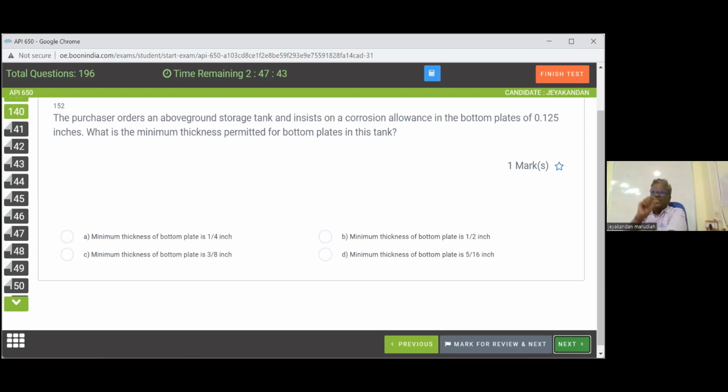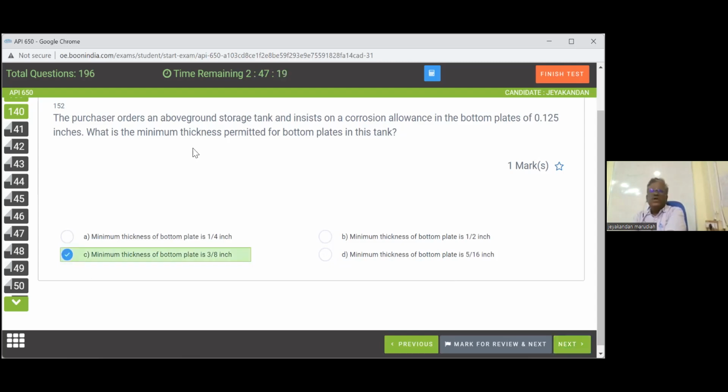That is the limit. With the correction we have to add 0.25 plus 0.125. So what will be the answer? 0.375, which is equal to 3/8.